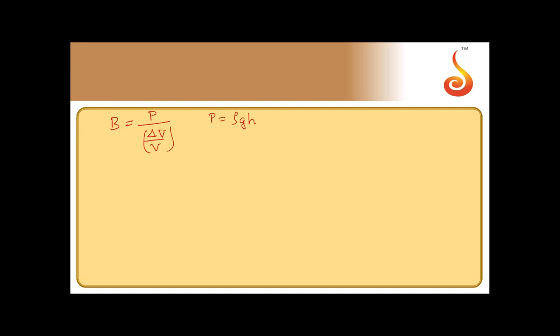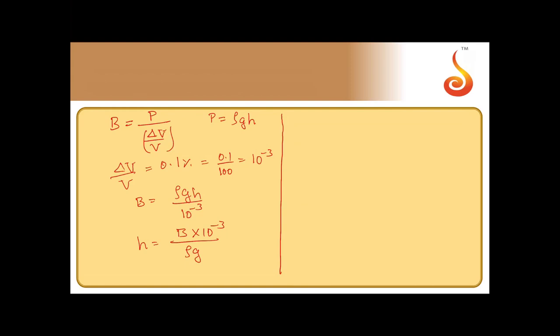So now delta V by V is given, it is 0.1%, that is equal to 0.1 by 100, that can be written as 10 power minus 3. Now you need to calculate H. Substitute these two things here. So you will get B is equal to rho GH divided by 10 to the power minus 3. So H is equal to B into 10 power minus 3 divided by rho G. So substitute and simplify.